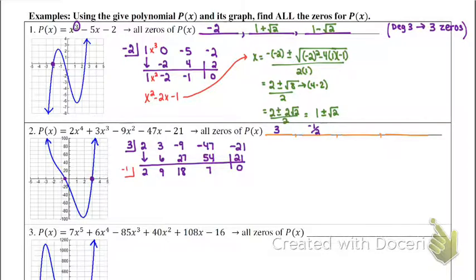So I said it was -1/2. Again, I'm going to use my depressed polynomial, so I'm not going to bring down the last column. And I'm going to start with my multiplying and adding.